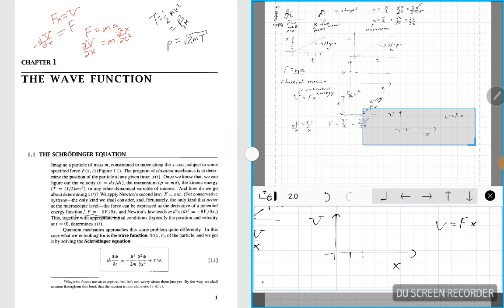The bigger I make the distance, the bigger the energy is going to be. So I make a graph that looks like that. The slope of that is force. That means that force is the derivative of potential energy with respect to distance x.